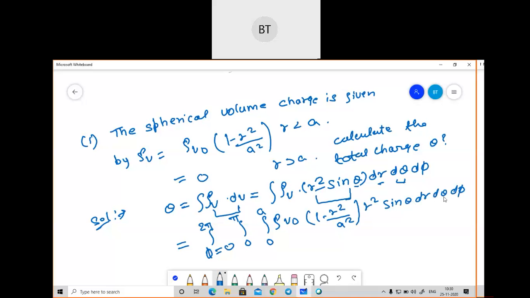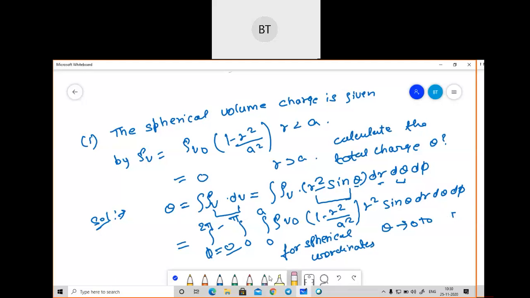After this step, most of the things are clear to us. For spherical coordinates, theta will vary from 0 to 2 pi. Sorry, 0 to pi.